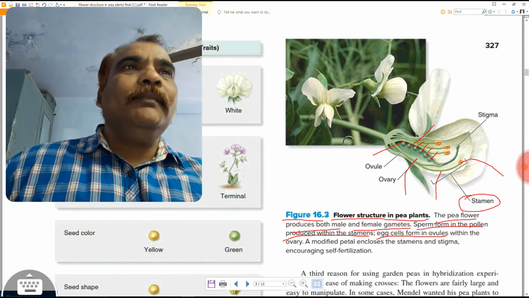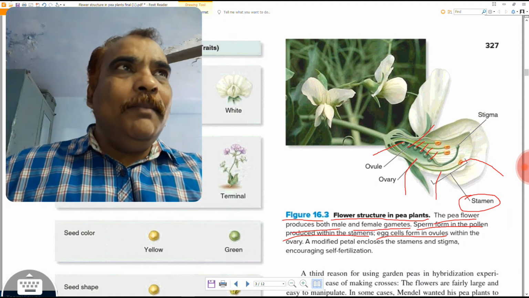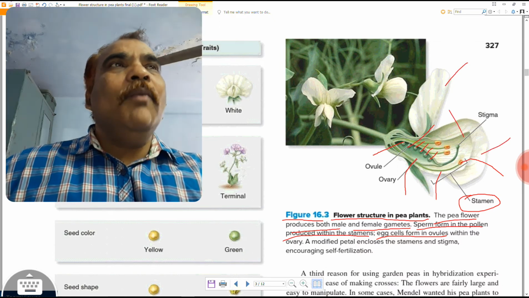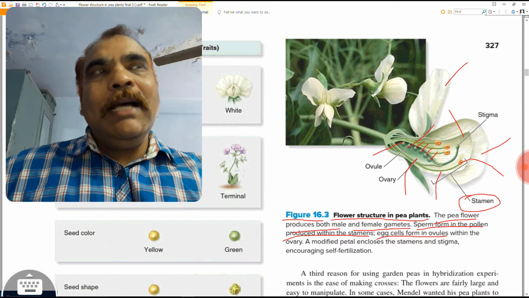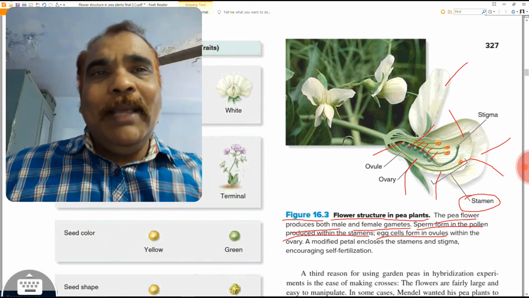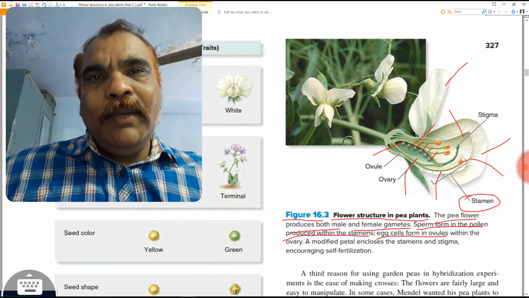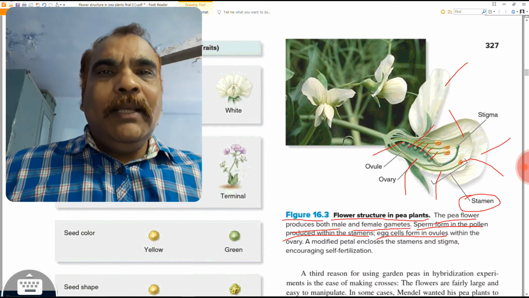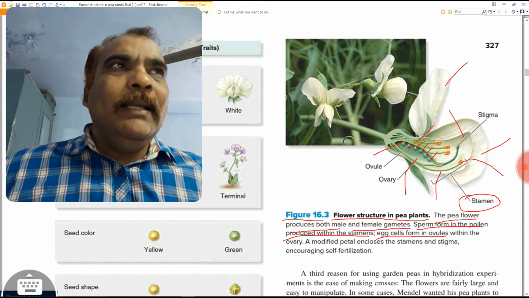Now these are the petals. And what are these petals doing? Petals are enclosing the male reproductive organ and the female reproductive organ. So petals are enclosing the pistil and the stamen.